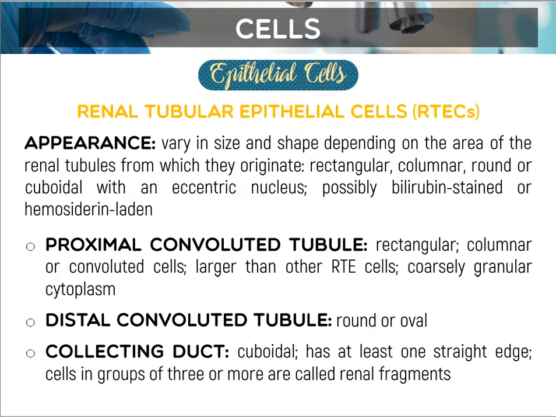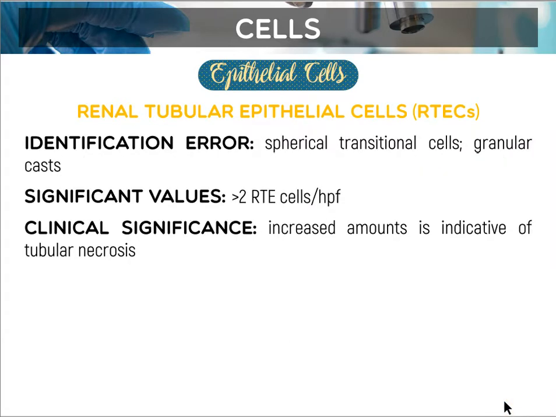One thing to take note: RTE cells in the DCT are smaller than PCT. They are usually mistaken for WBCs and spherical transitional epithelial cells. That is the identification error. Its significant value is greater than 2 RTE cells per HPF.